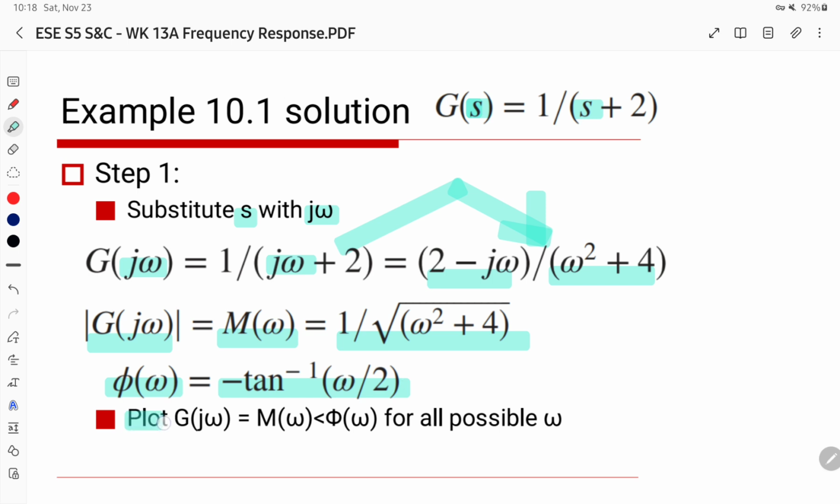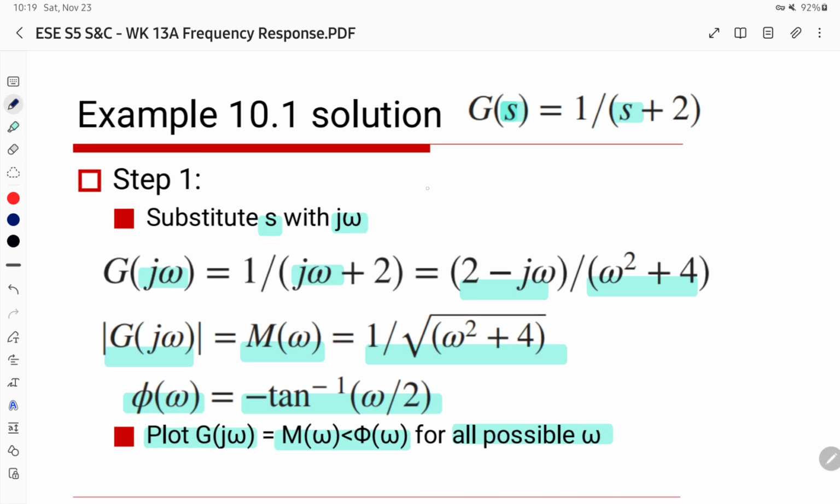Then you would plot G(omega) equal M(omega) with the phase angle phi(omega) for all possible omega. So literally a frequency sweep from 0 all the way to reasonable numbers: 1 hertz, 10 hertz, 100 hertz, kilohertz, 10 kilohertz, 100 kilohertz, megahertz, and so on.